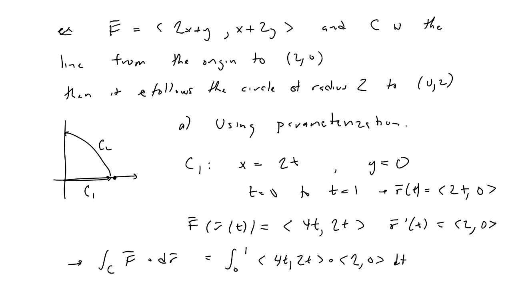So remember, if we're thinking of this as work, this first part is our force. The second part is going a short distance along the line. So usual work, force times distance. And this is equal to, let's see if I can fit it, the integral of 4t squared, sorry.